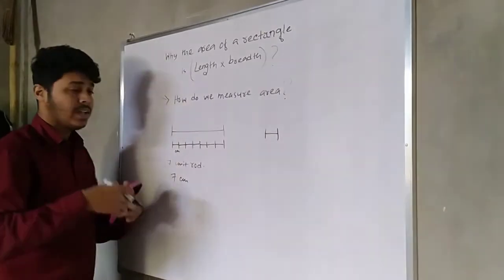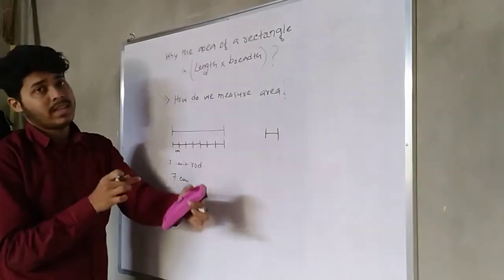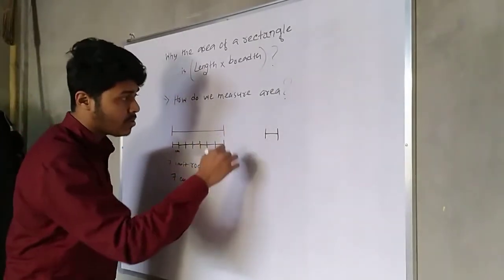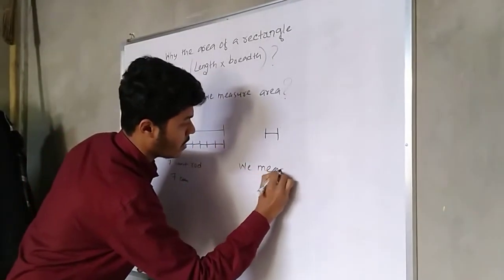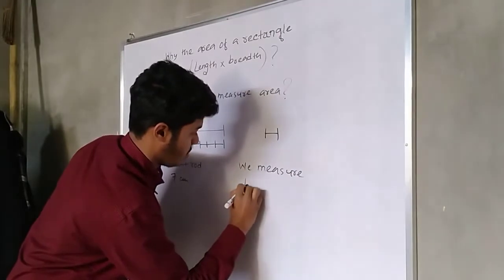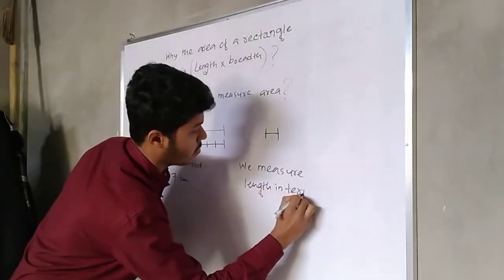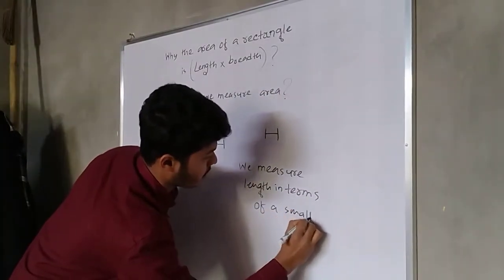And we just take any length and we compare it with our unit length, and that's how we actually measure it. So we measure length in terms of a smaller unit length.